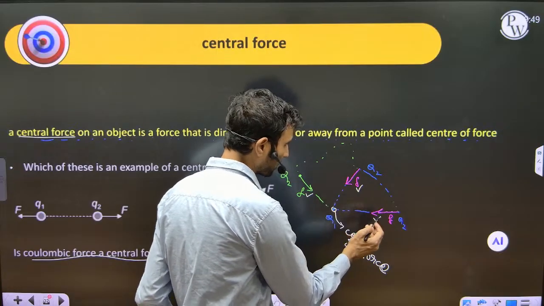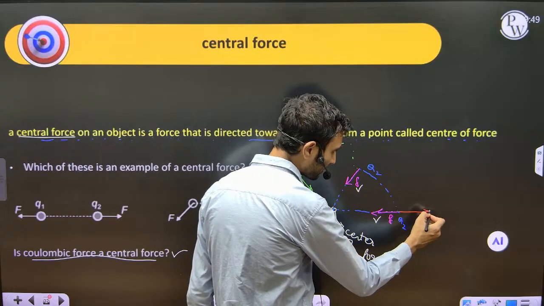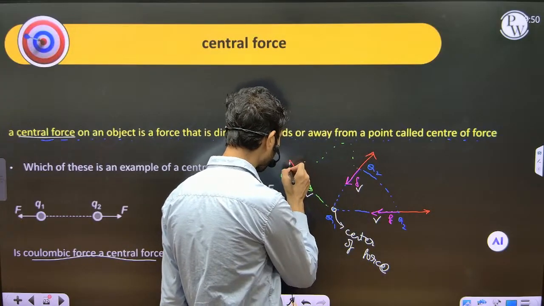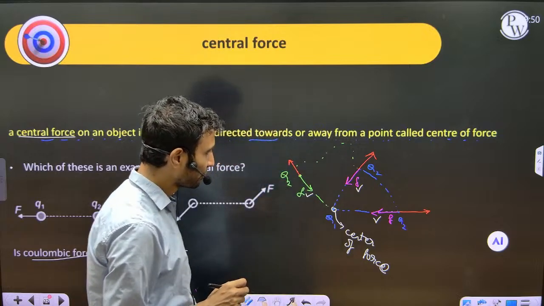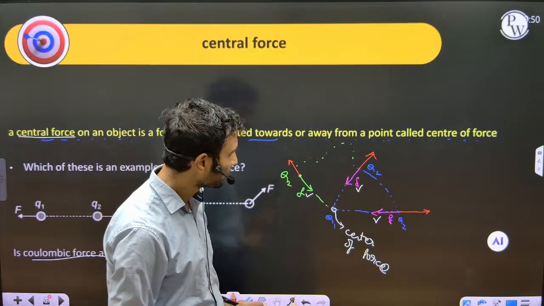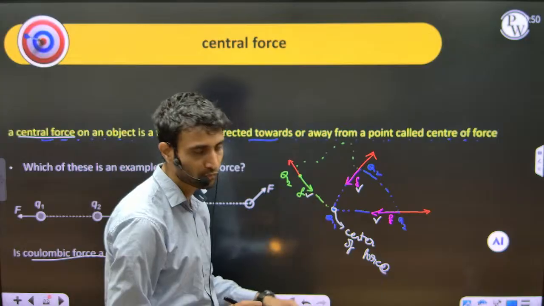In case of repulsion, the force between them will be away. Here also it will be away, and here also it will be away. In all three cases, we see that the forces are away from one point, which is called the center of force.